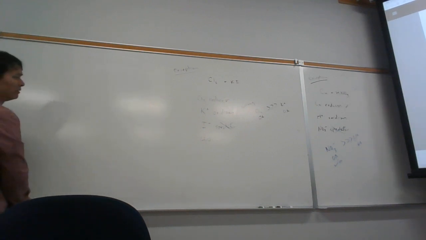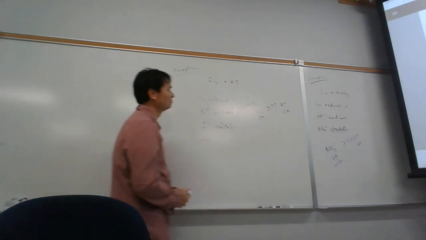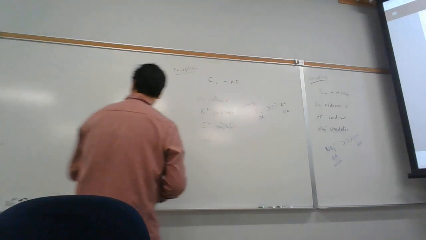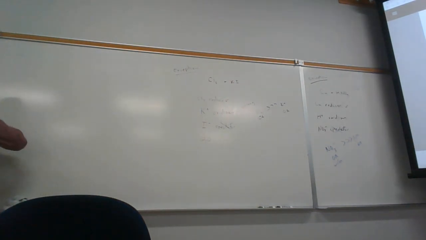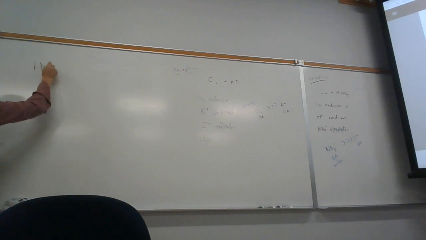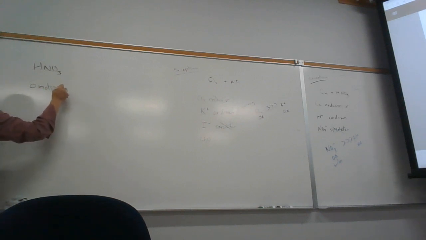We can remember it via this. Nitric acid has a name to it. When we look at nitric acid, it's a special acid. This special acid is called an oxidizing acid. All acids are oxidizing, because all acids want electrons. H plus wants electrons. But nitrate's special because nitrate wants electrons more than the H plus.